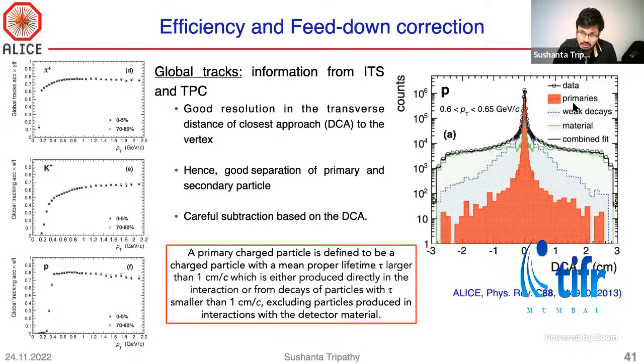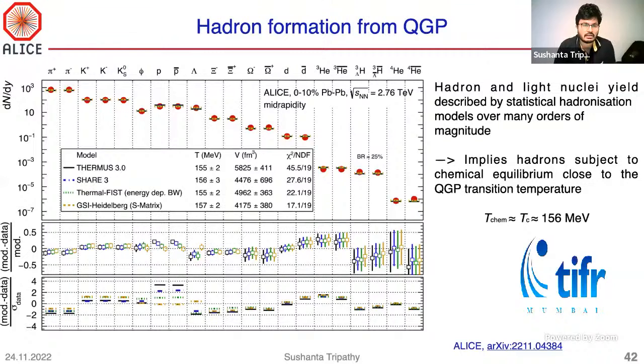Based on this combined fit, we separate the fraction of primary particles. After applying all the corrections and estimating the systematic uncertainty based on variation of track cuts as well as event quality cuts, we obtain the integrated yields of different particles.